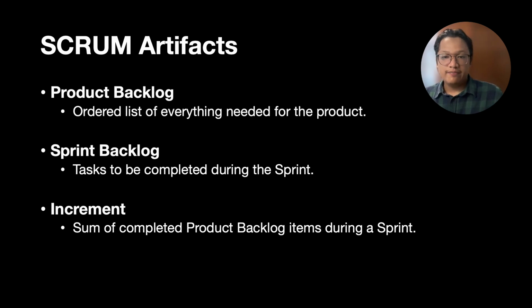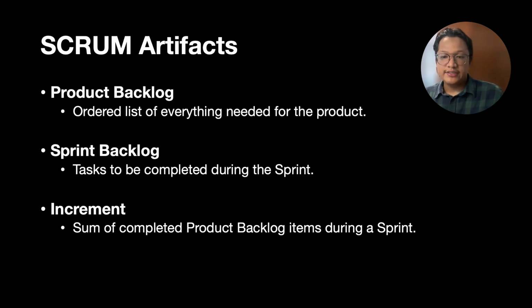Then Scrum uses three main artifacts to manage the work, which are the product backlog, the sprint backlog, and the increment. The product backlog is an ordered list of everything that is known to be needed in the product, present and future. The sprint backlog is a list of tasks to be completed during the sprint. So it usually comes from the product backlog, and then several tasks will be selected to go into the sprint backlog.